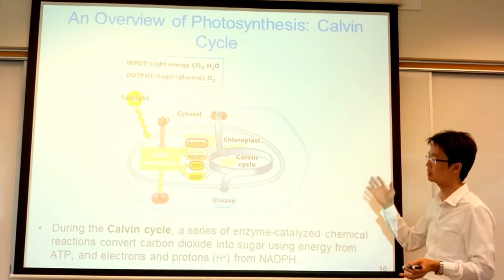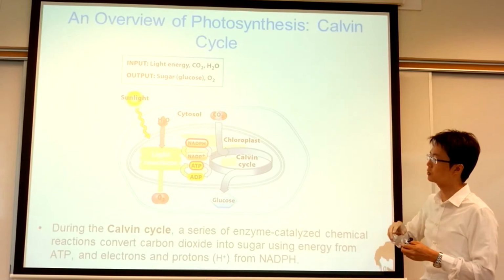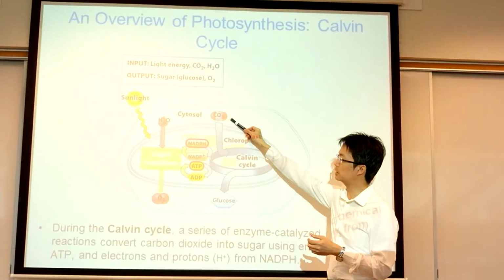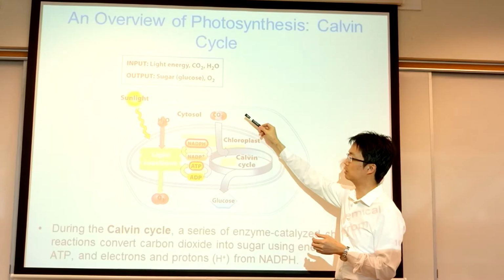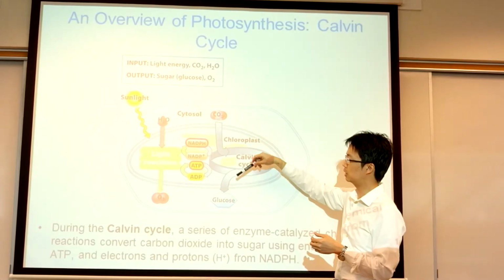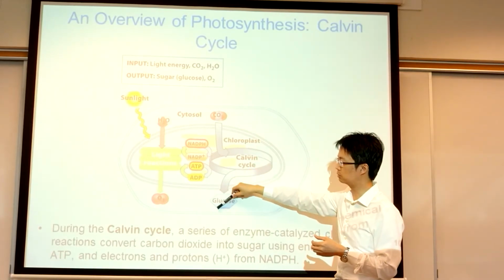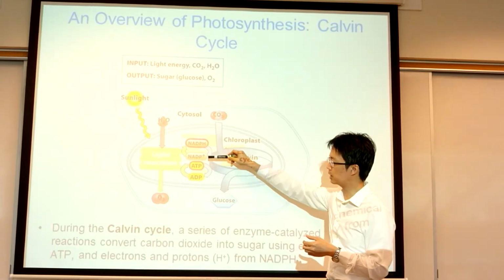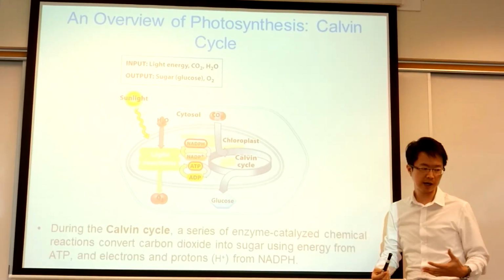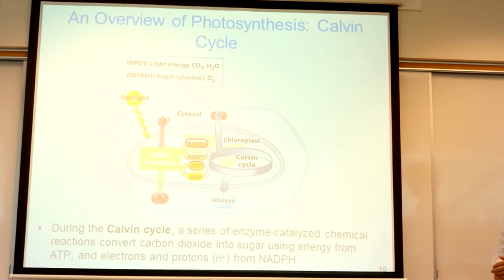So that is the overall description. Carbon dioxide is the input or the reactant, and the product or the output is glucose. And NADPH and ATP are the fuel, the energy invested in the Calvin cycle to make sugar.